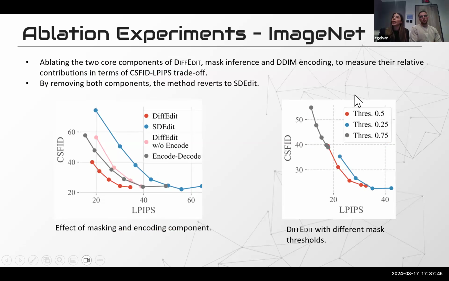Here we can see the different threshold values for generating the binary mask. If I take a high value for the threshold, it results in a worse CSFID, which is an overestimation of the binary mask. And the smaller threshold will result in an underestimation of the mask, which cuts the object boundaries.